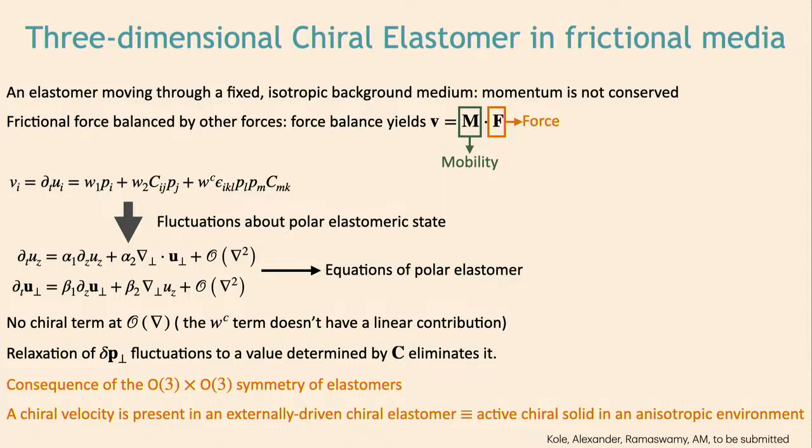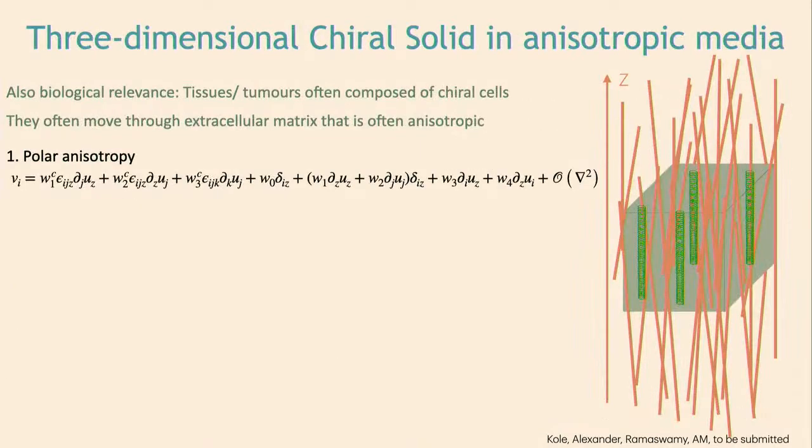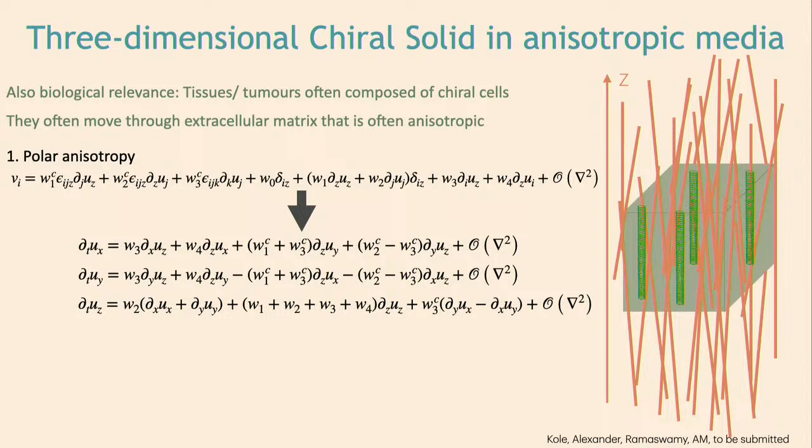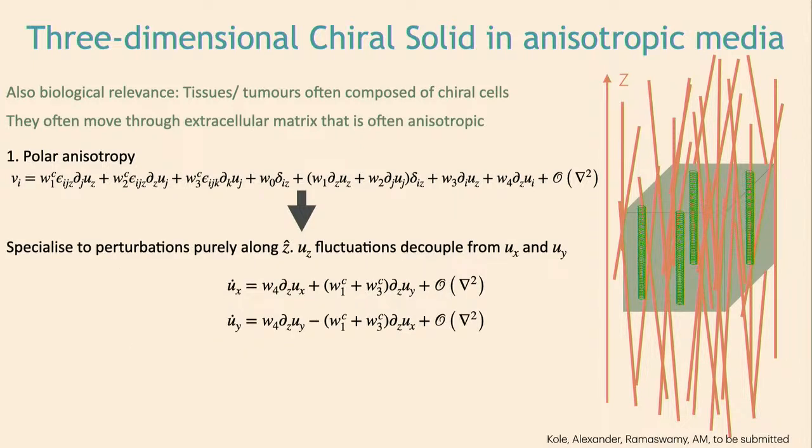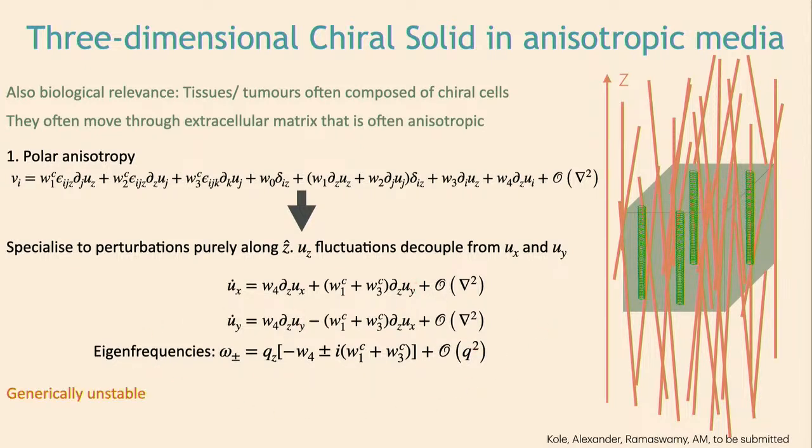Okay. So I can consider a polar field or a nematic field, or I can consider a polar anisotropy. All of these cases actually look very similar. I can construct this, and let's not bother with the algebra. Importantly, what I get is that the eigenfrequencies have this structure, which means that this object is generically unstable.